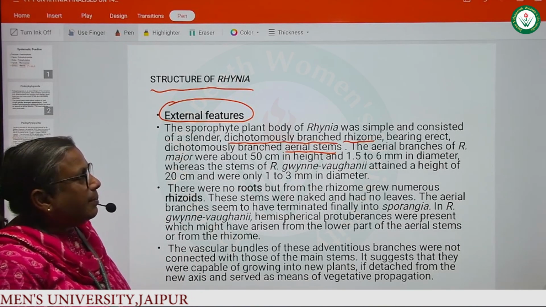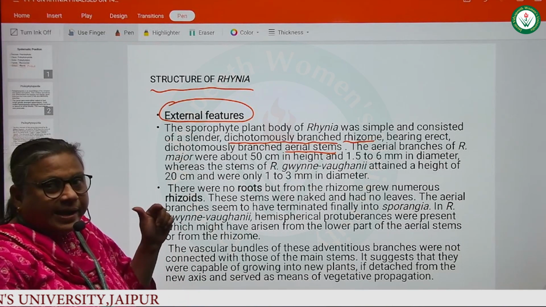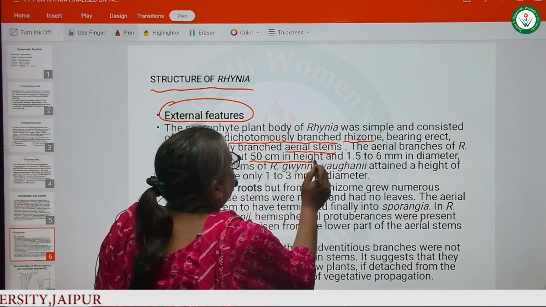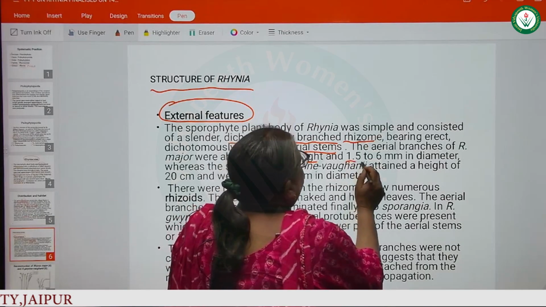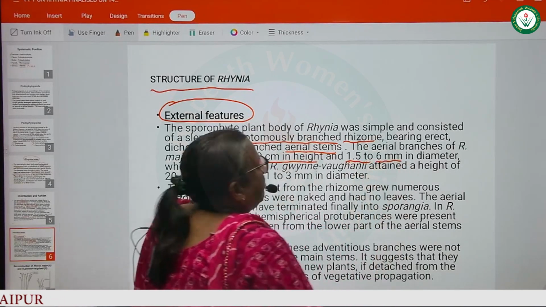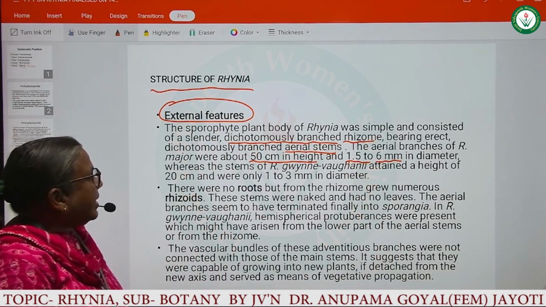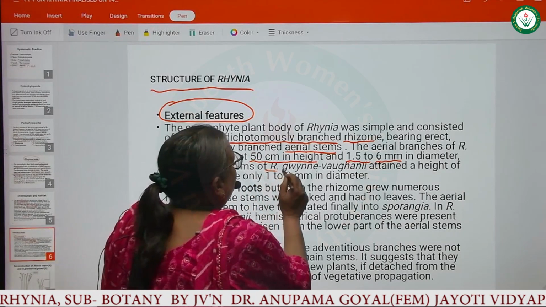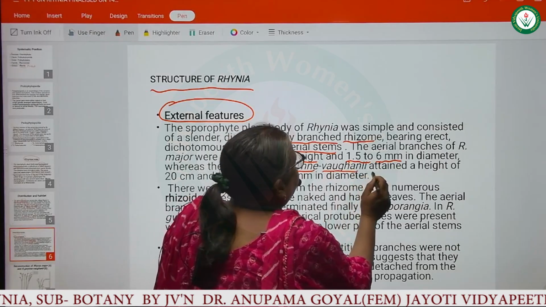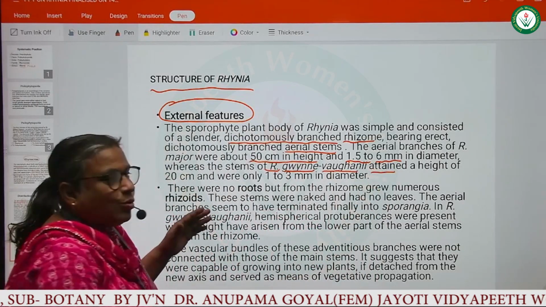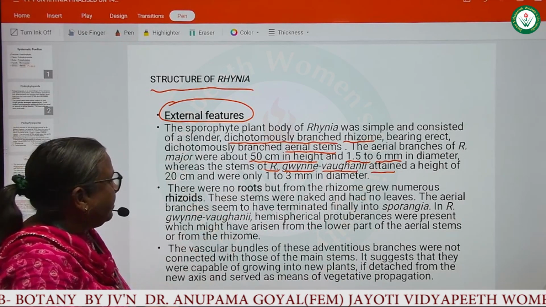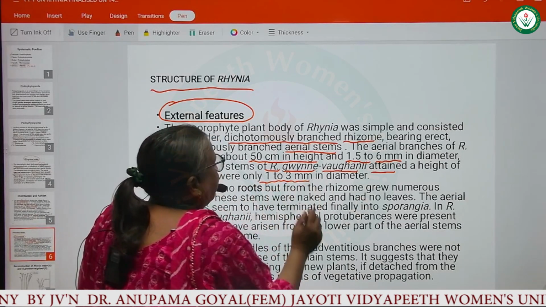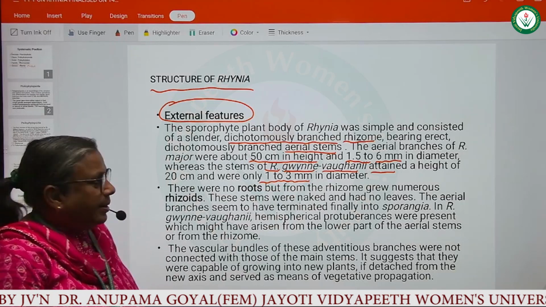The aerial branches of Rhynia major were about 50 cm in height and about 1.5 to 6 millimeter in diameter. The stems of Rhynia gwynne-vaughanii attained a height of about 20 centimeter and were only 1 to 3 millimeter in diameter.